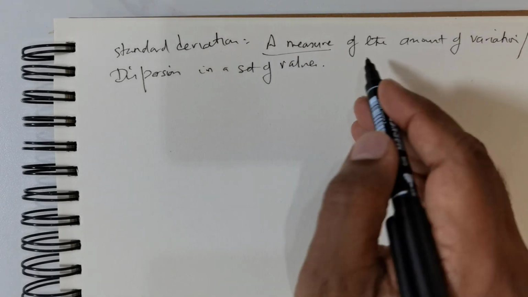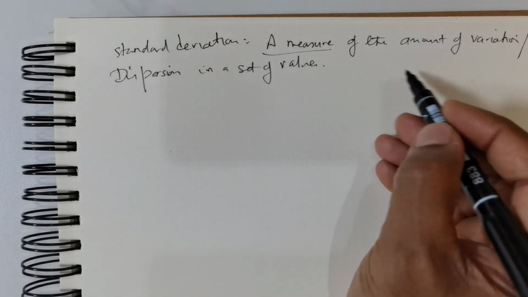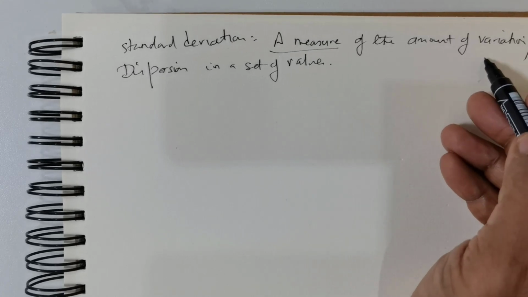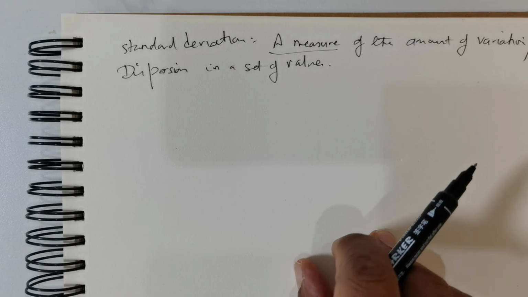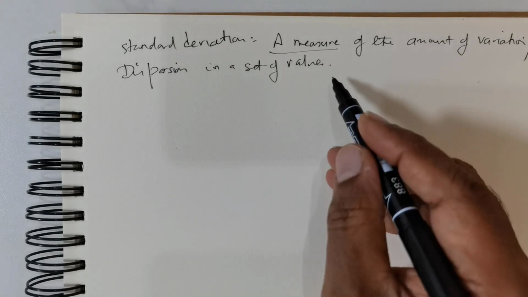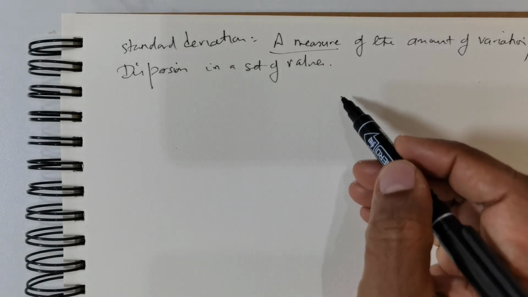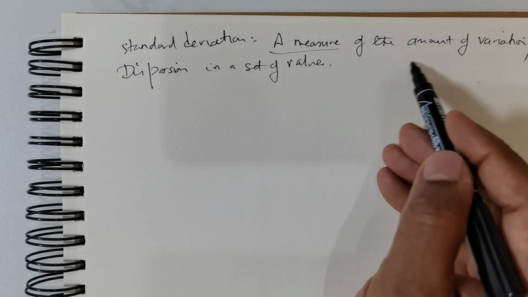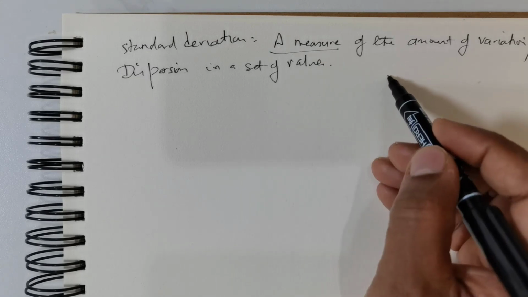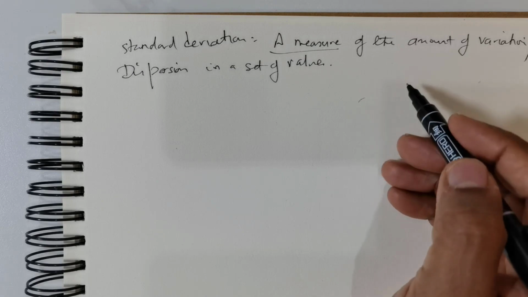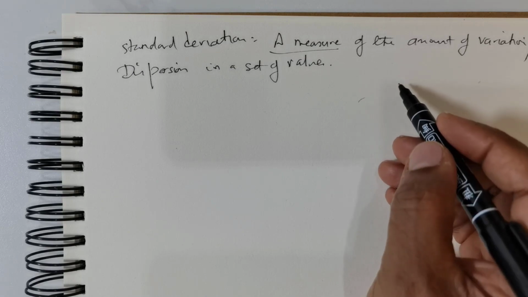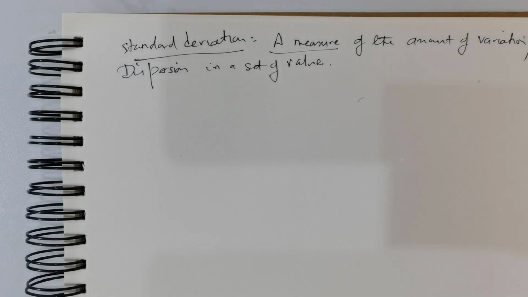So this is the important definition. A measure, so you give a value, and that value would indicate the amount of fluctuation that is present in the data set. So when I say fluctuation, each of the values present in the data set would differ by that amount, either that amount or around that amount. That is the reason we say standard deviation.